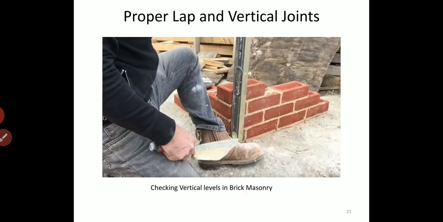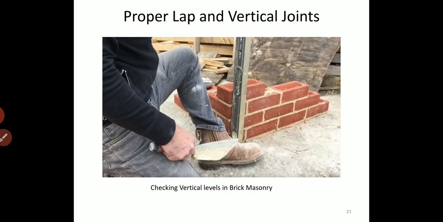The next is proper lap and vertical joints. What are the proper lap and vertical joints? You can see here the image checking vertical levels in brick masonry. The proper lap and vertical joints are ensured to get the bond between each layer of the brickwork. A joint that is parallel to the bed course is termed as a lap joint.